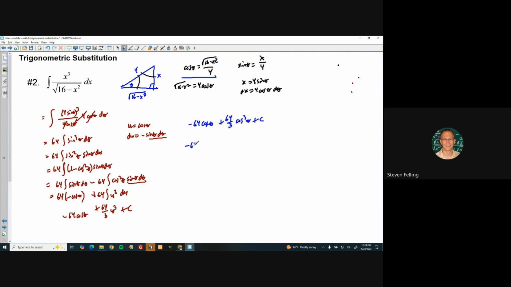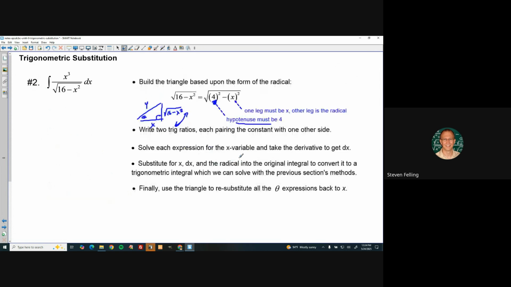I would get negative 64 times the square root of 16 minus x squared over 4, plus 64 over 3 times the square root of 16 minus x squared over 4, cubed, plus a c. Okay. And that should be either identical or similar in form to the other one.